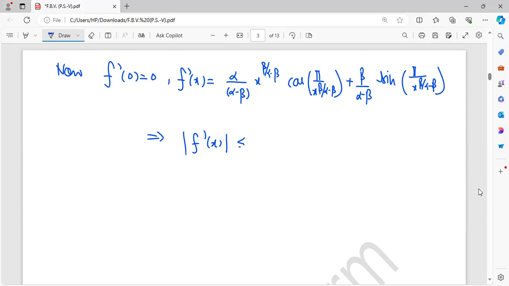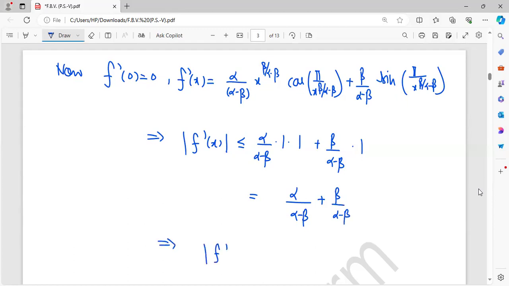So it will be less than alpha upon alpha minus beta into 1 plus beta upon alpha minus beta into 1. So this implies the absolute value of f dash is less than alpha plus beta upon alpha minus beta for all x belongs to the closed interval 0, 1.